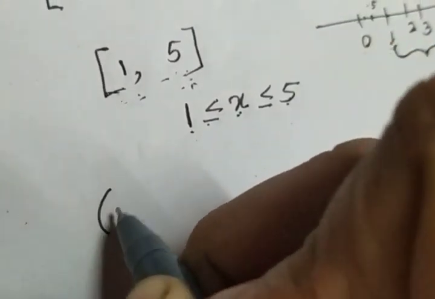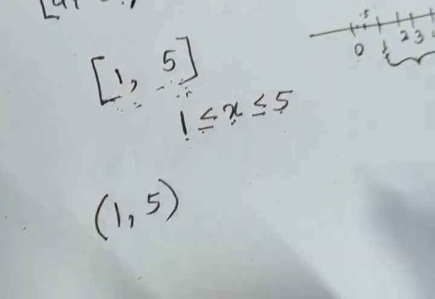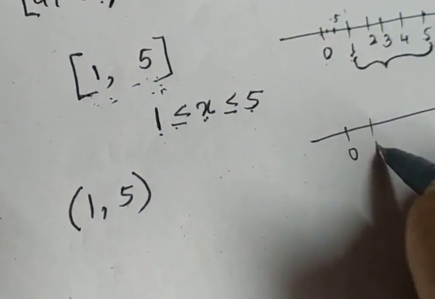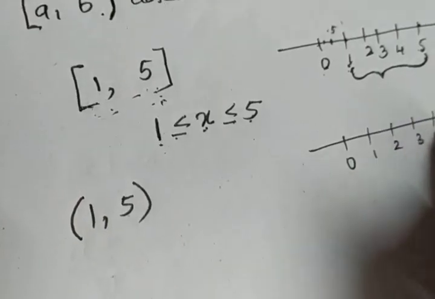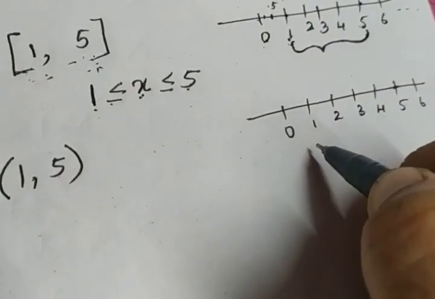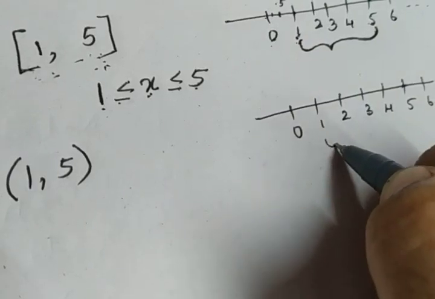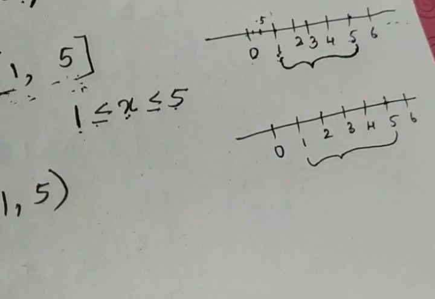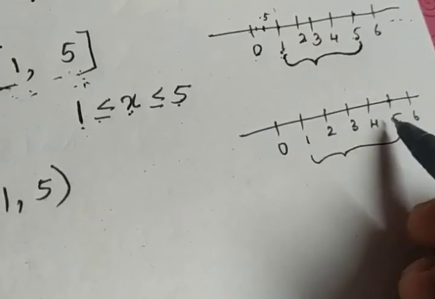Now the next interval, open interval (1, 5). Can you say the difference? There also it will be the same number line, 0, 1, 2, 3, 4, 5. Open interval (1, 5) means all the real numbers, infinitely many, between 1 and 5.